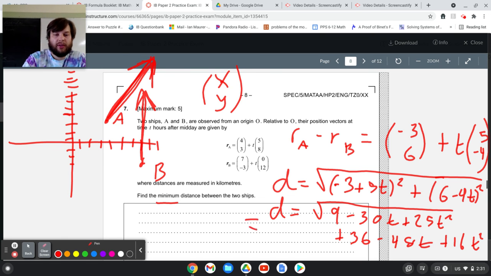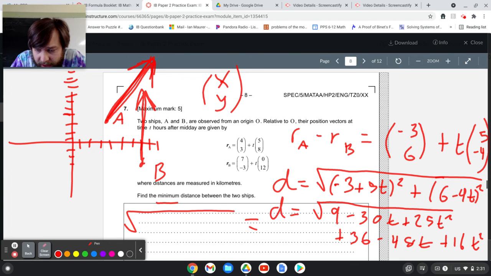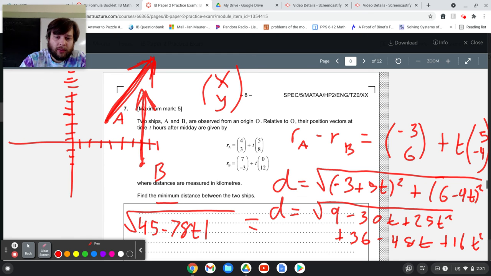Combining all that together, 9 and 36 makes 45. Negative 30 and negative 48 makes negative 78. 25 and 16 makes 41t squared. So that's my distance formula.